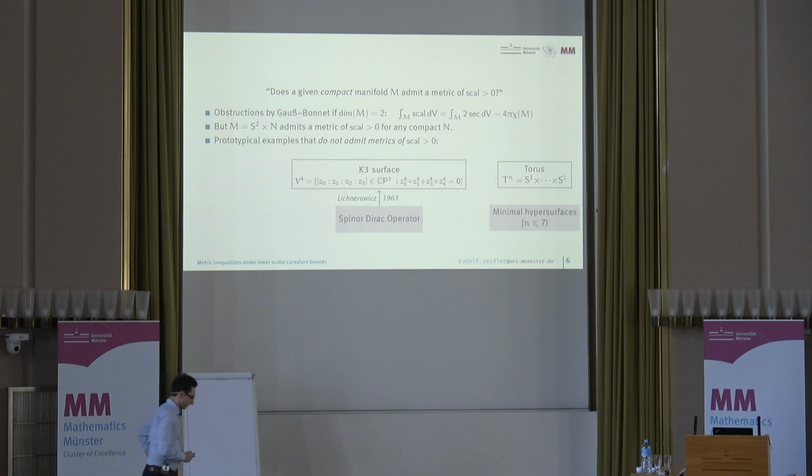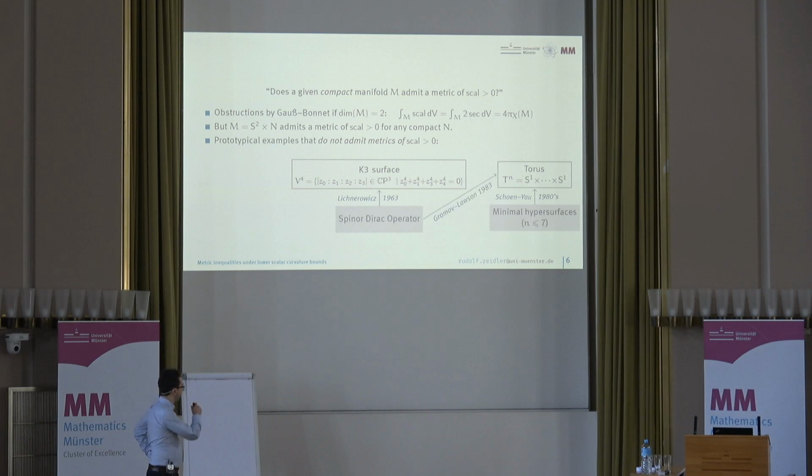Lichnerowicz used the spin Dirac operator together with index theory to show that this manifold does not support positive scalar curvature. And a little bit later, in the 1970s, due to Schoen and Yau, using a minimal hypersurface descent technique, it was proved that the standard torus does not support positive scalar curvature, at least up to dimension 7.